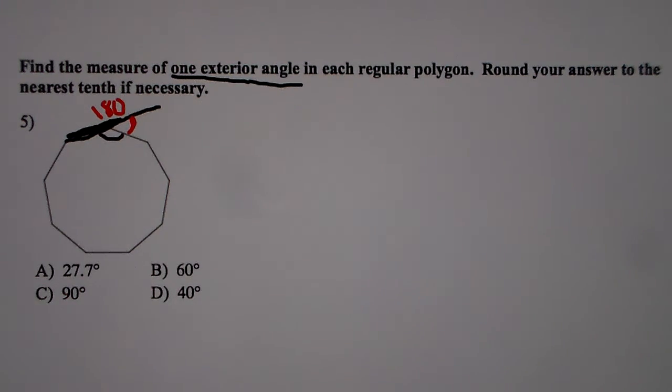So let's do that process. We do n minus 2 times 180 divided by n. So the number of sides, well, there's 1, 2, 3, 4, 5, 6, 7, 8, 9.